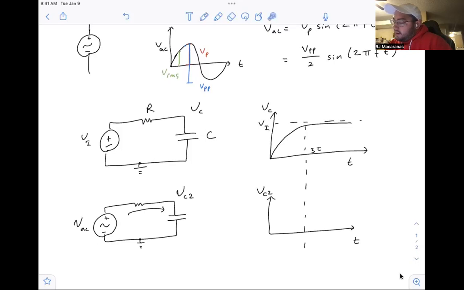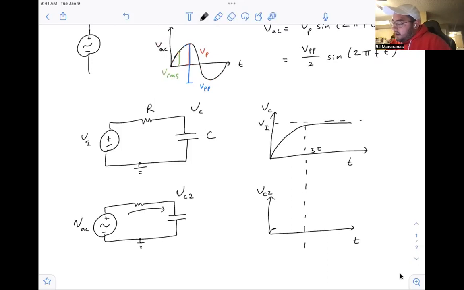Looking back at the alternating current sinusoid pulse here, when this AC voltage goes down, current will go in the other direction, since current likes to travel from high to low potential. So if that happens, the capacitor is going to start charging up, and maybe at this point, current starts going the opposite direction.